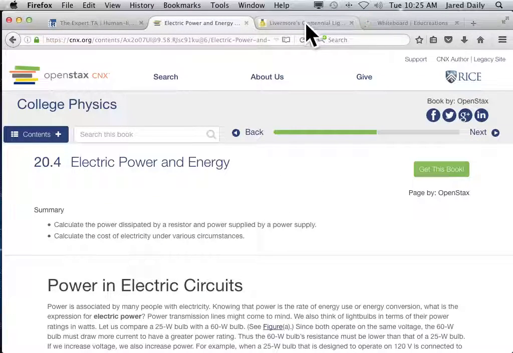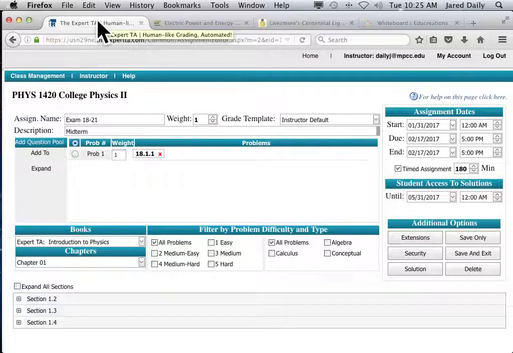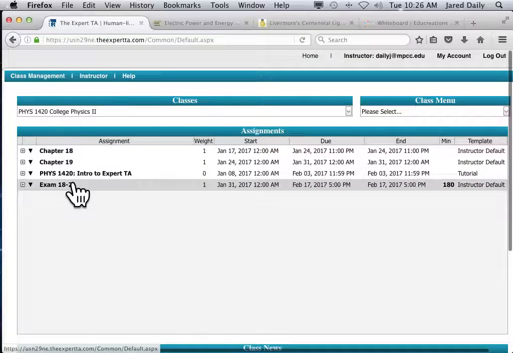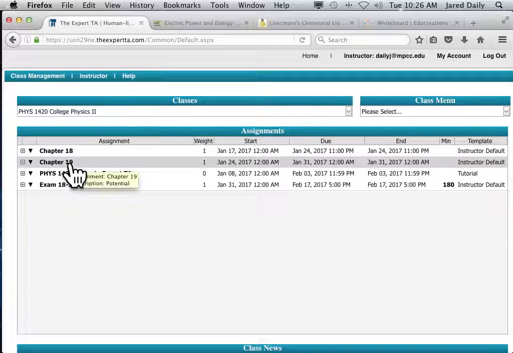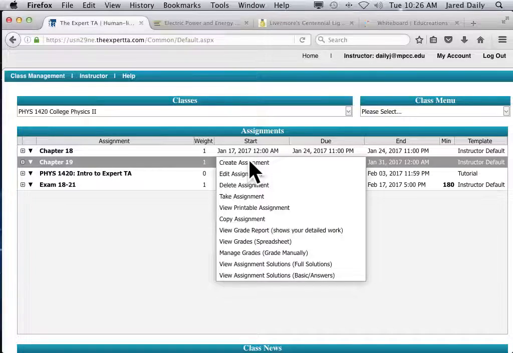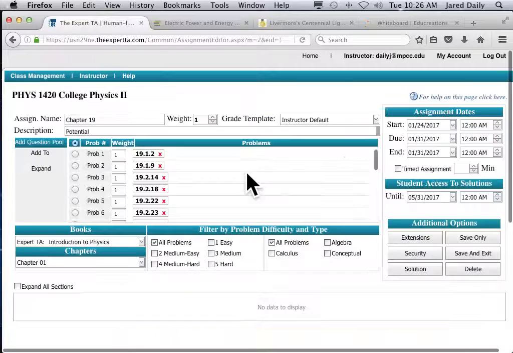Chapter 19 was actually due the 30th. Why is it due the 31st? Did I change that? I must have. So that's today, right? I don't know. Let's go look.